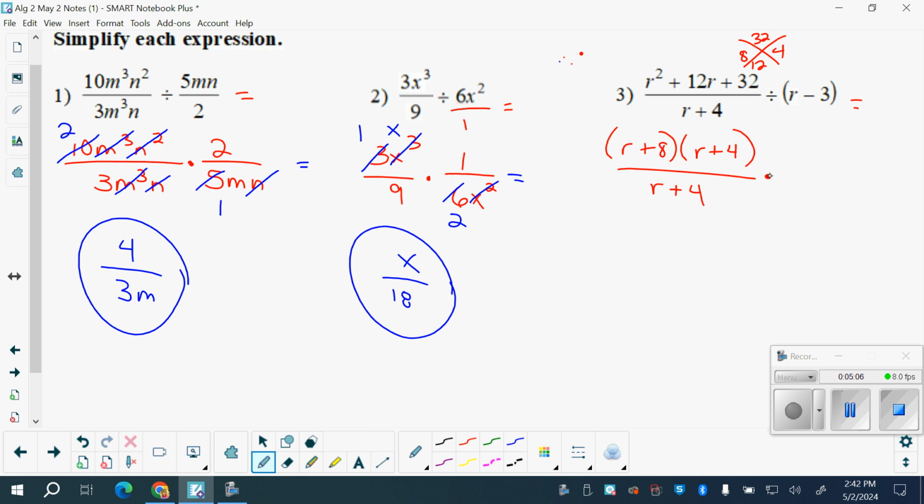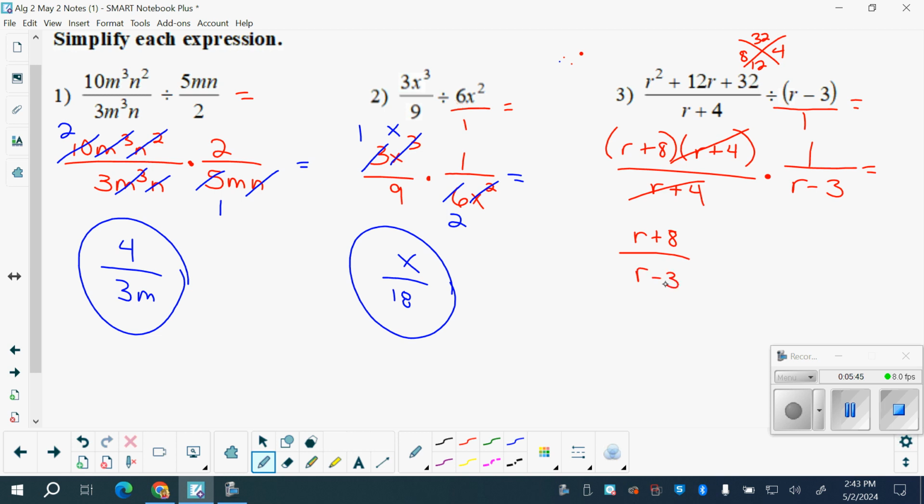This is division. We make it multiplication, and we do what with the r minus 3? So, Omar, tell me what to write over here. Do we put the r minus 3 in the numerator or the denominator? Good. So taking the reciprocal there, is there anything that cancels? The r plus 4. And so we would get r plus 8 over r minus 3.